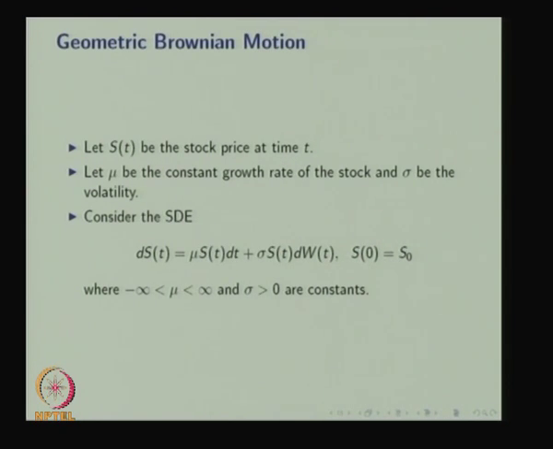We are going to find the solution of this stochastic differential equation, and the solution is a stochastic process, that is nothing but the geometric Brownian motion, and this model is called the Black-Scholes model.